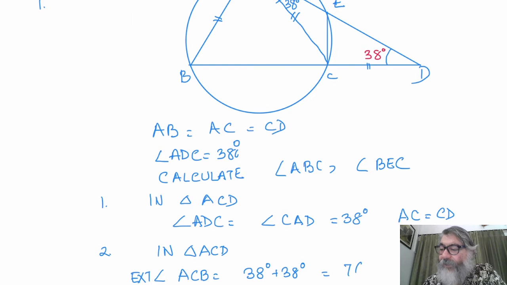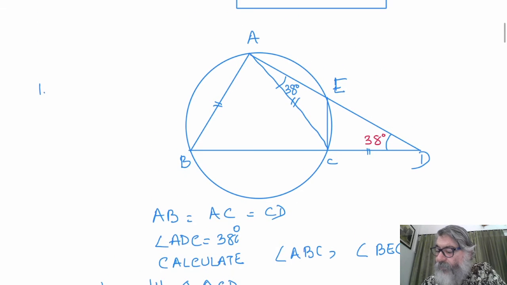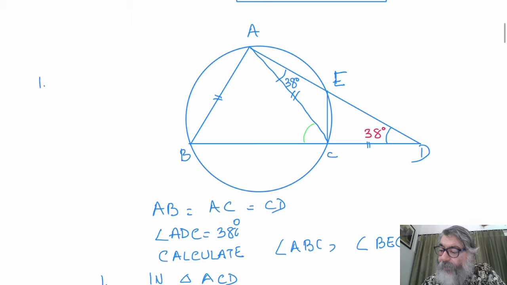The exterior angle of any triangle is equal to the sum of the interior opposite angles. This is 38, this is 38. They will add up and make this angle 76. He wants you to calculate ABC.